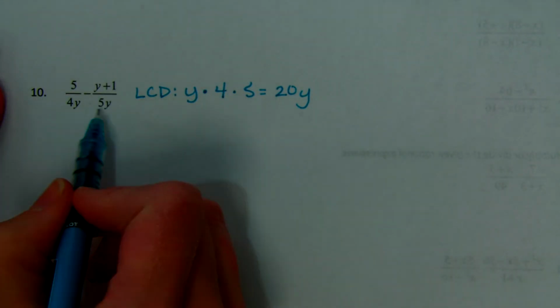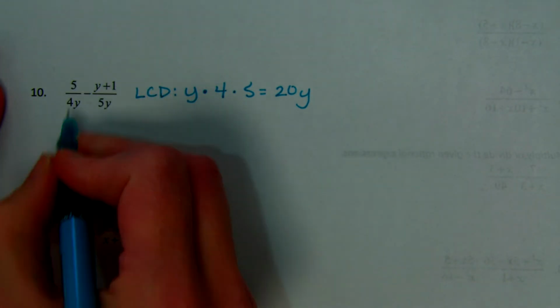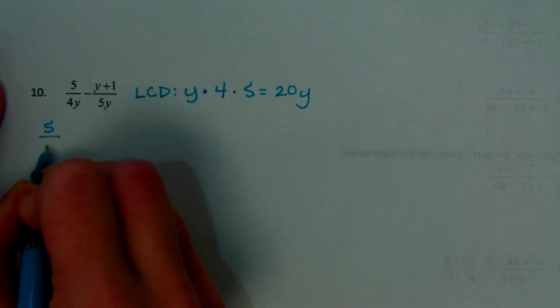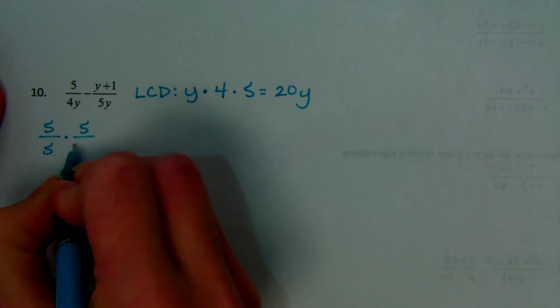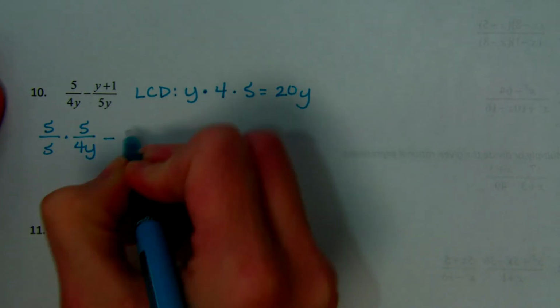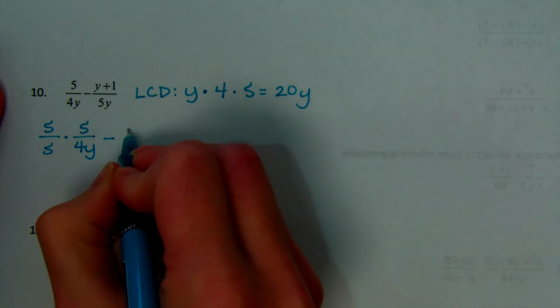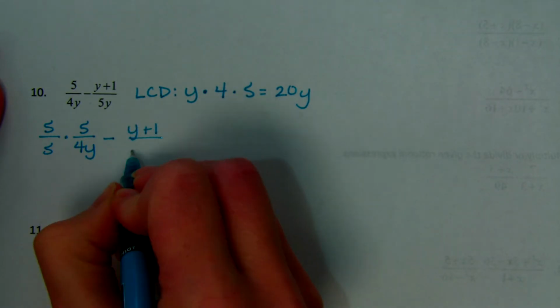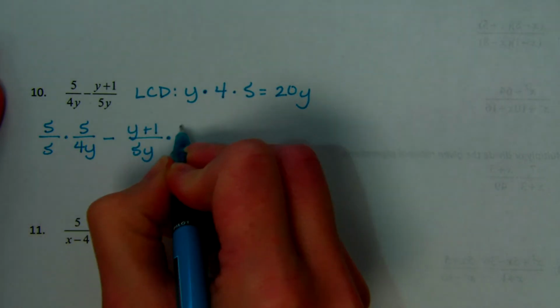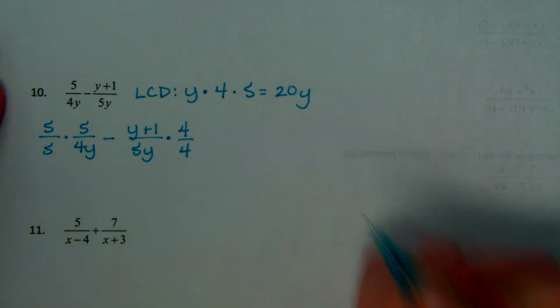So I'm going to make these both into 20y. I do that with my first piece by multiplying by 5 over 5. And then my second fraction, the y plus 1 over 5y, to make that 5y into 20y, I multiply by 4 over 4.